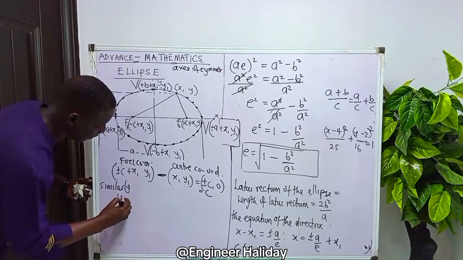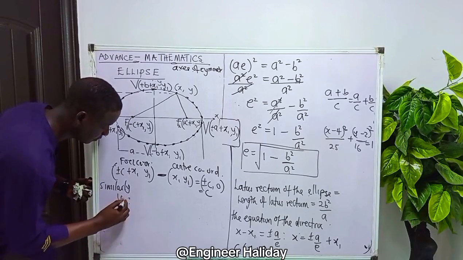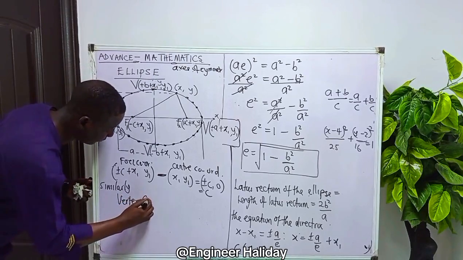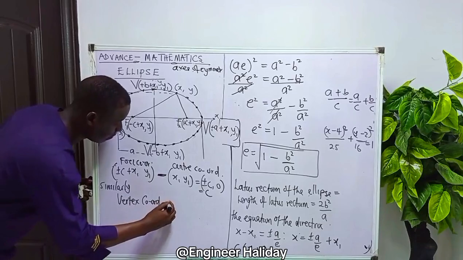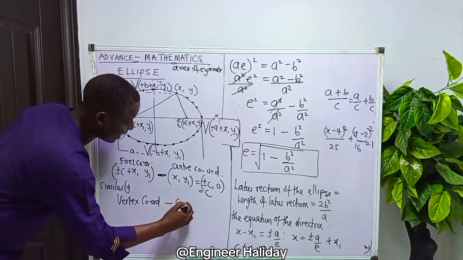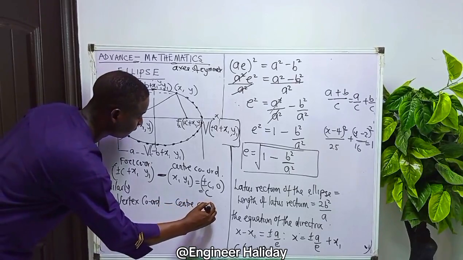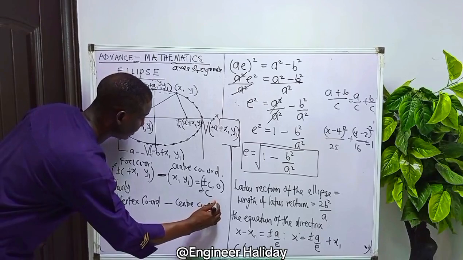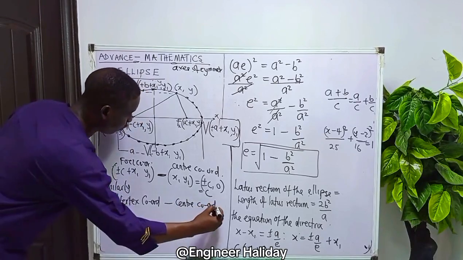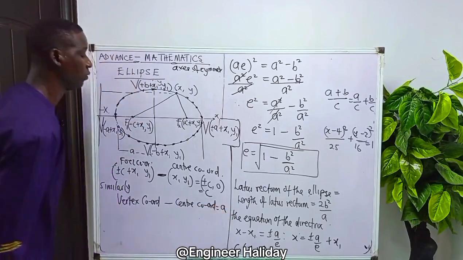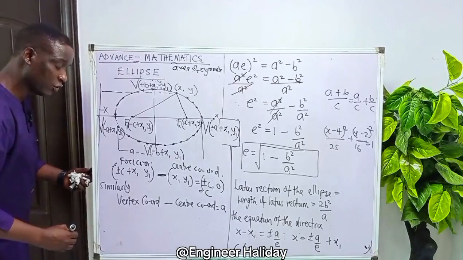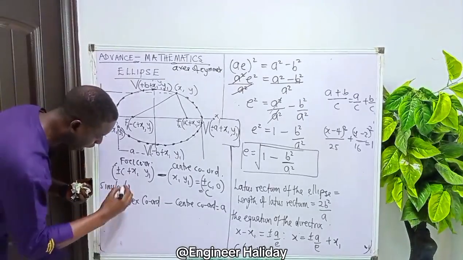Similarly, there is the vertex coordinate. Vertex coordinate minus the center coordinate will give us the major axis length a. How?